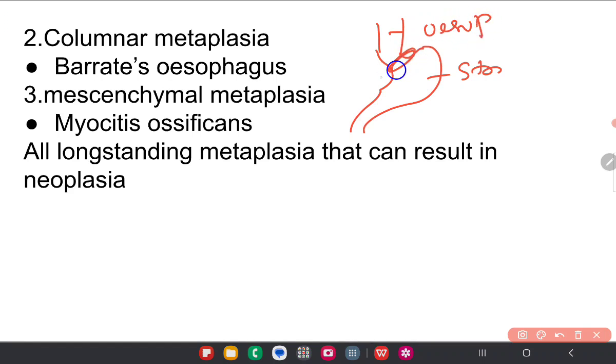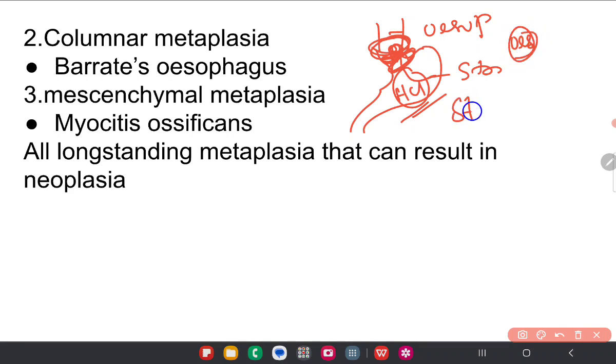Here the cardiac sphincter closes it. But whenever there is a default in its closing, it leads to regurgitation of HCl, the most acidic content of the body, which destroys the esophagus cells.